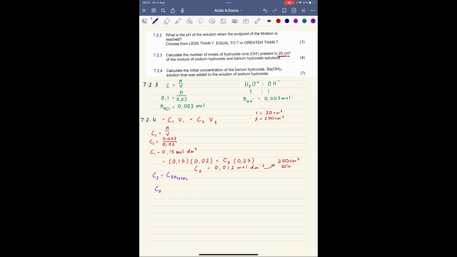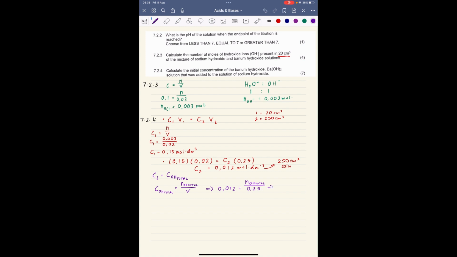And so we'll say for the concentration of OH total, that is equal to the moles of OH total over the volume that we talked about. When we substitute what we have here, we're going to say this 0.012 is equal to this, which is what we want to find, the moles of OH total, over the volume, which is 250 centimeter cube or 0.25 decimeter cube.